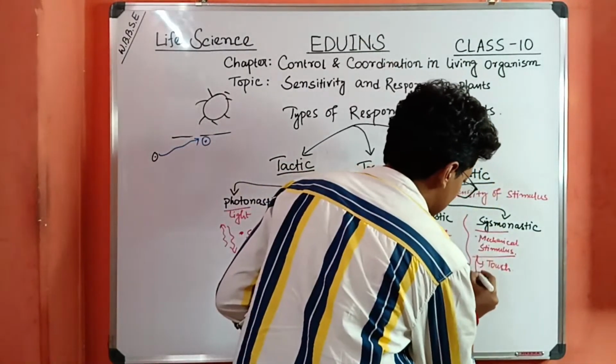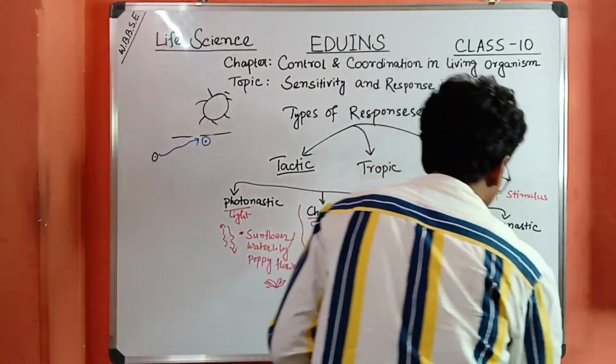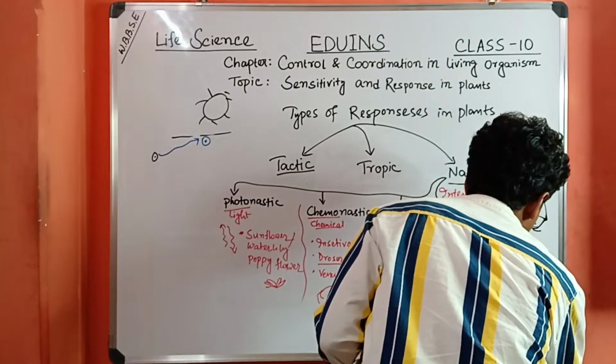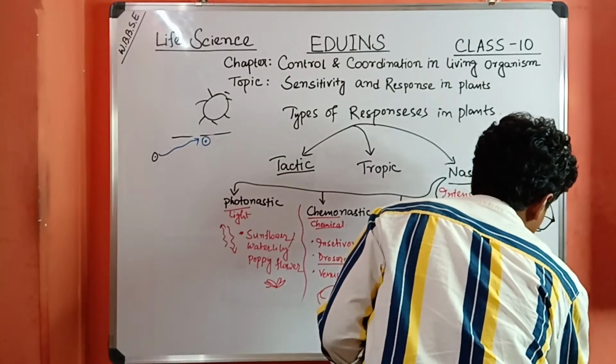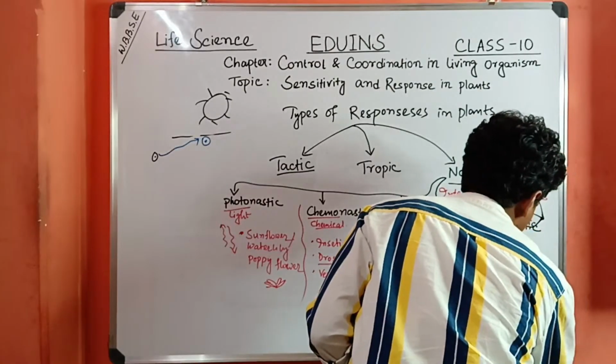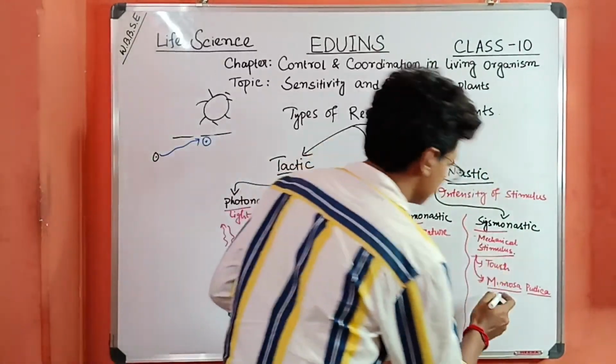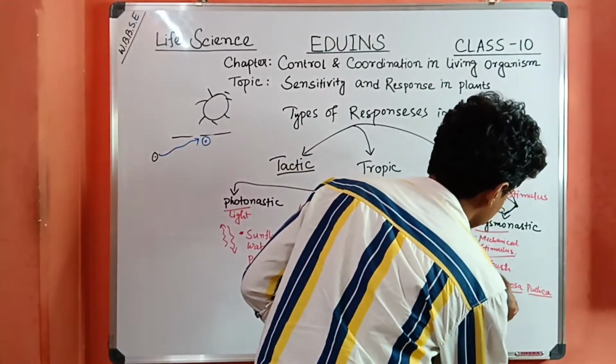One of the common examples is Mimosa pudica. When we touch, the leaves get closed.